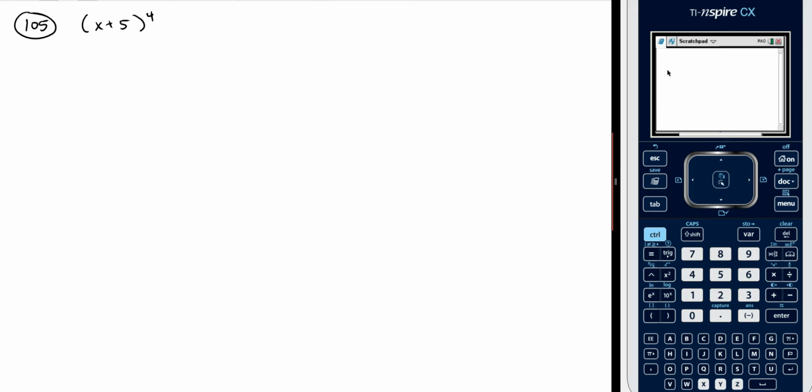Okay, 105 is a binomial expansion. We need to expand x plus 5 to the fourth. Remember that there's a couple ways we can do the expansion.